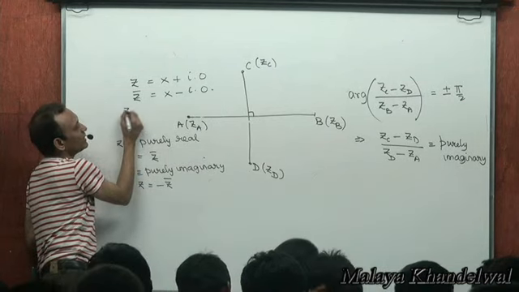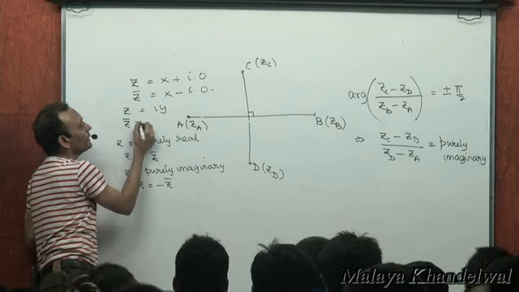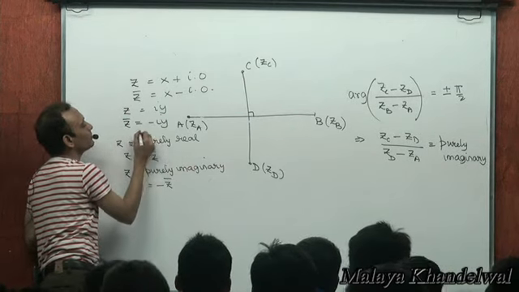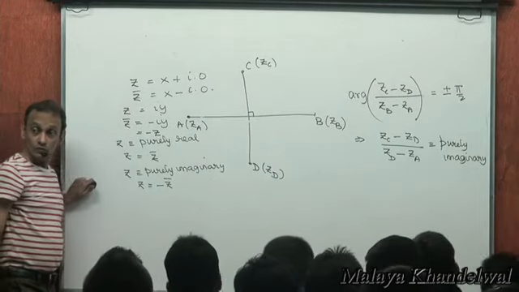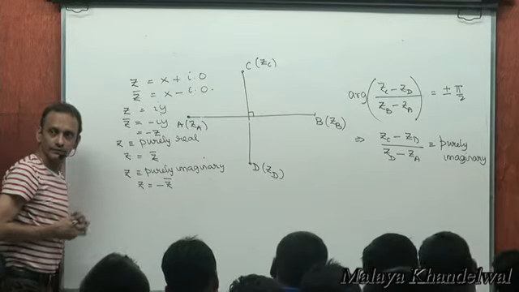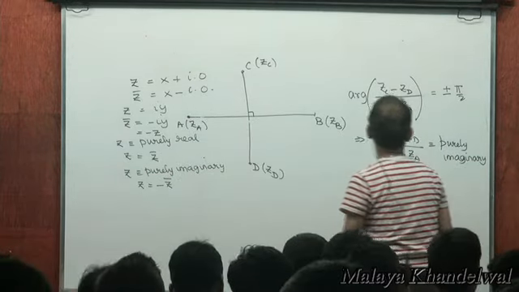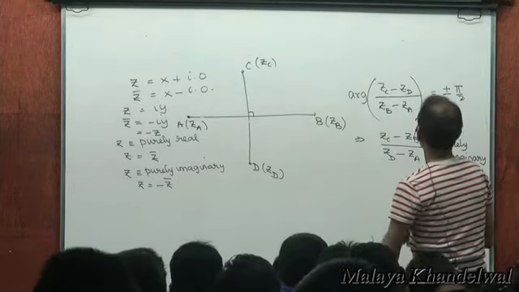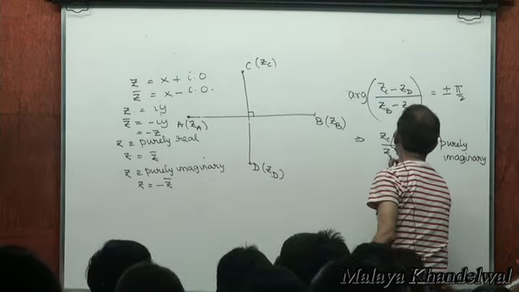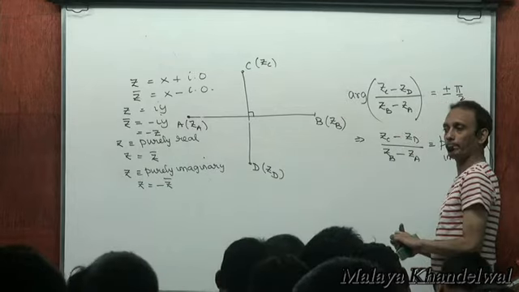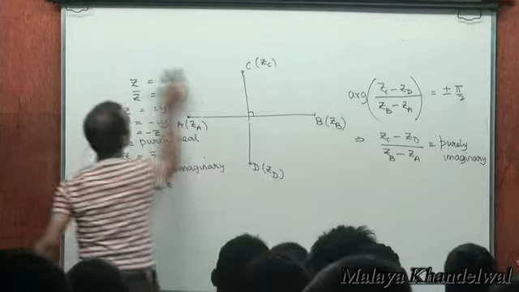But if z is say iy, which is purely imaginary, then z bar would be minus iy, which would be minus z. Right? This is ZB minus ZA. Clear?